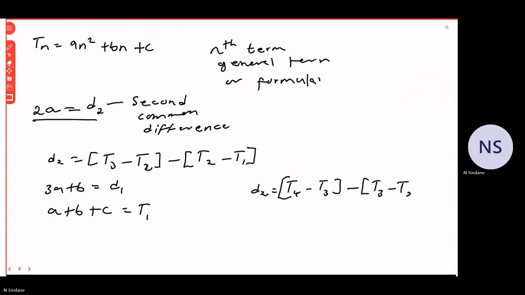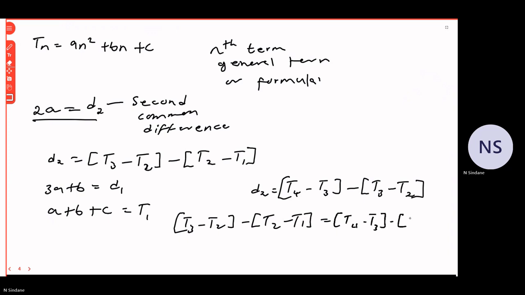It means (t3 minus t2) minus (t2 minus t1) can be equal to (t4 minus t3) minus (t3 minus t2). That is it, right? This quadratic, it looks like a parabola.